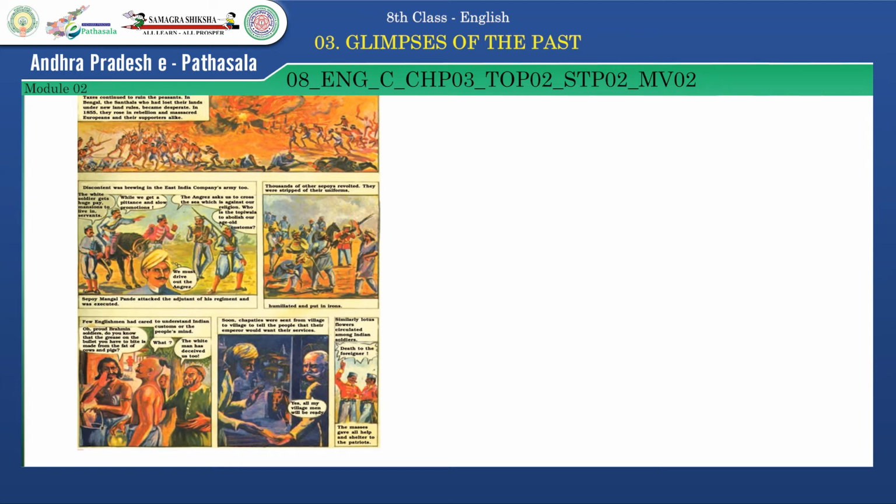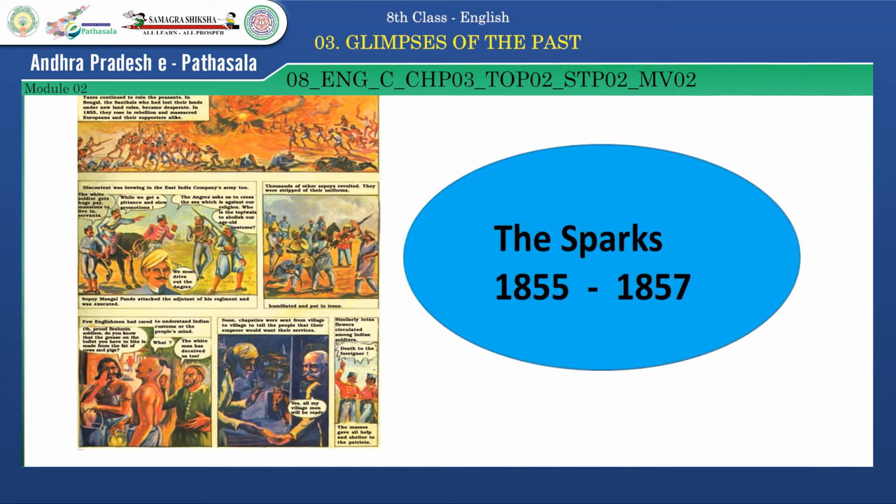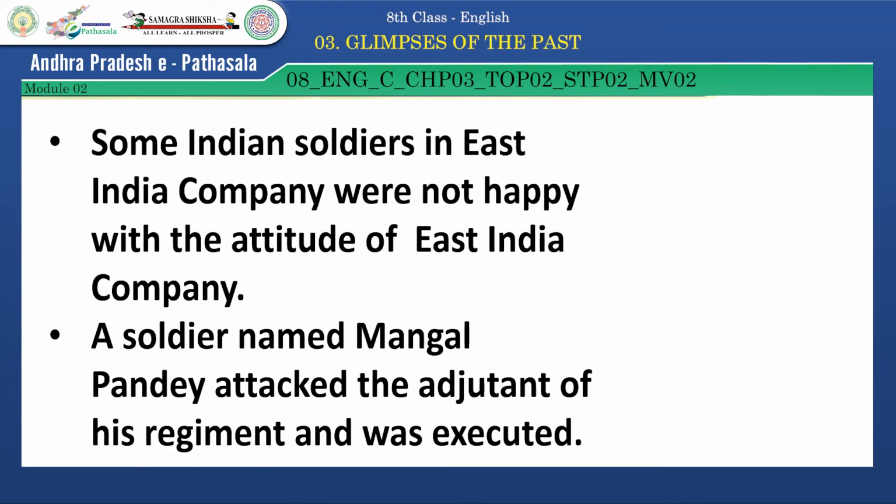Now let's move on to another event, that is the Sparks, from 1855 to 1857. Some Indian soldiers in the East India Company were not happy with the attitude of the Company.